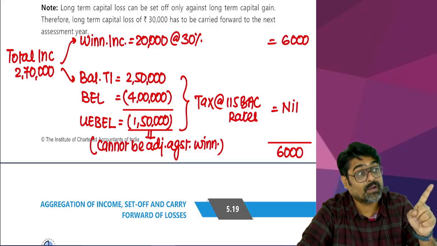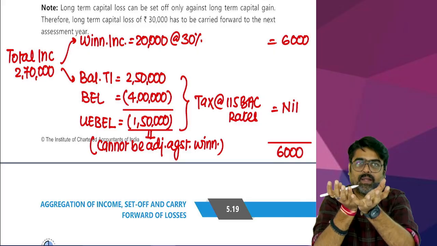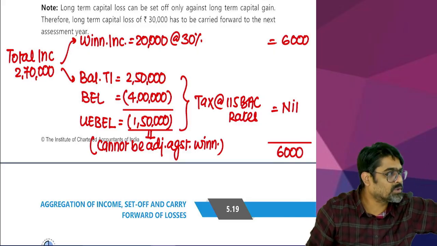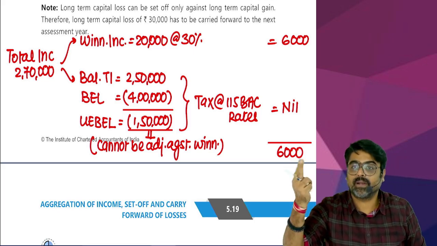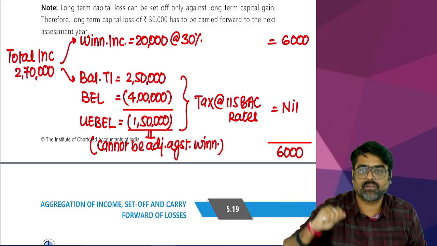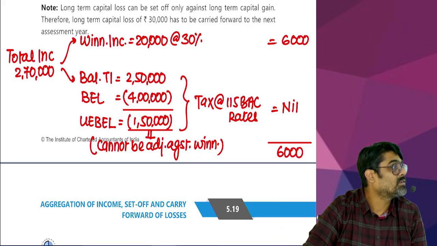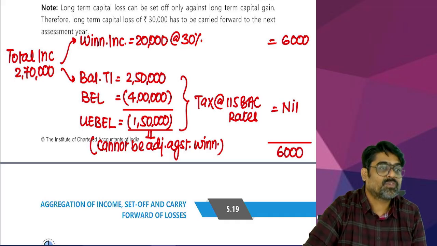Even if your total income is, see, if in your tax liability, tax on special income was 4,000, you should have reduced that 4,000. That entire 4,000 you have to pay. But how much balance is remaining? 2,000. That you could have taken as rebate. But in your entire tax liability, all the tax liability is a special income.